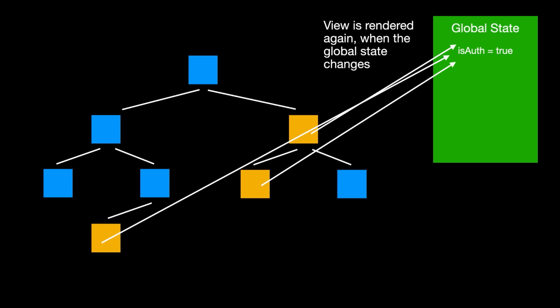So if there are three different views subscribed to and looking at the isAuthenticated property, which is stored in the global state, and somebody changes that property from false to true or true to false, then all of those three different views are going to get updated. And that is what keeps your views in sync with the global state.